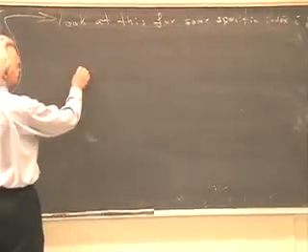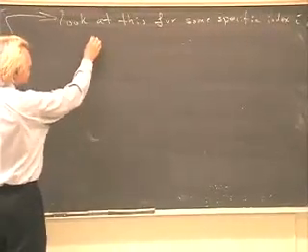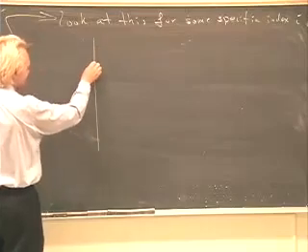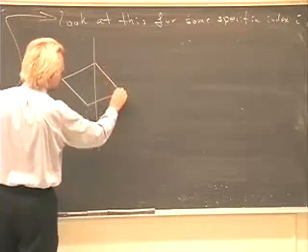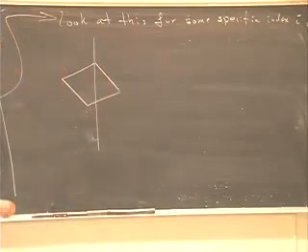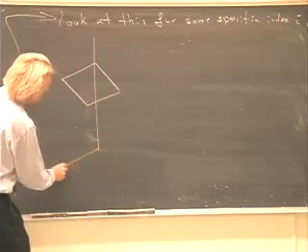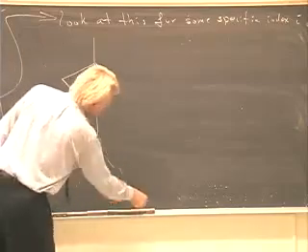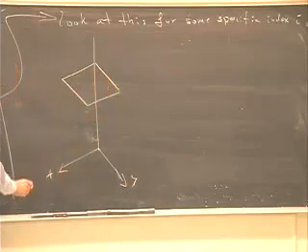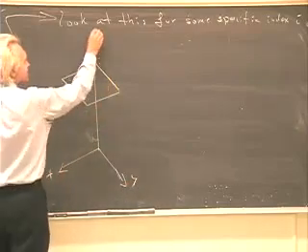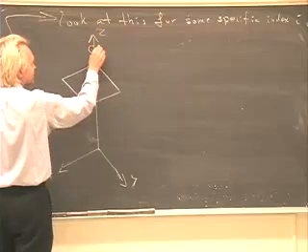What do we have? This is the situation. I have my z-axis. Here is my x direction, here is my y direction. This is my z-axis about which I rotate.